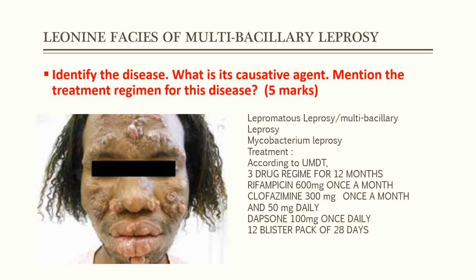That is rifampicin 600 mg once a month, clofazimine 300 mg once a month and 50 mg daily, Dapsone 100 mg once daily. That is basically 12 blister packs of 28 days.